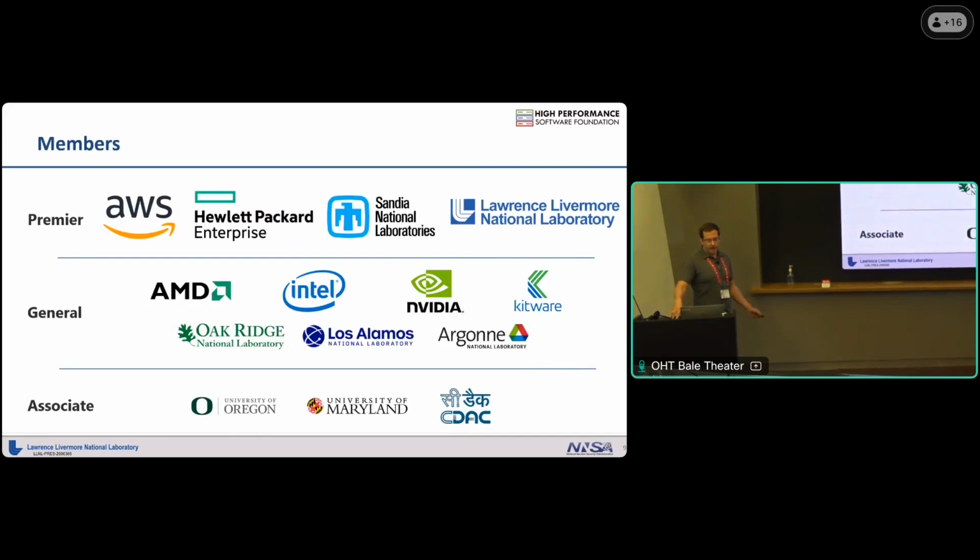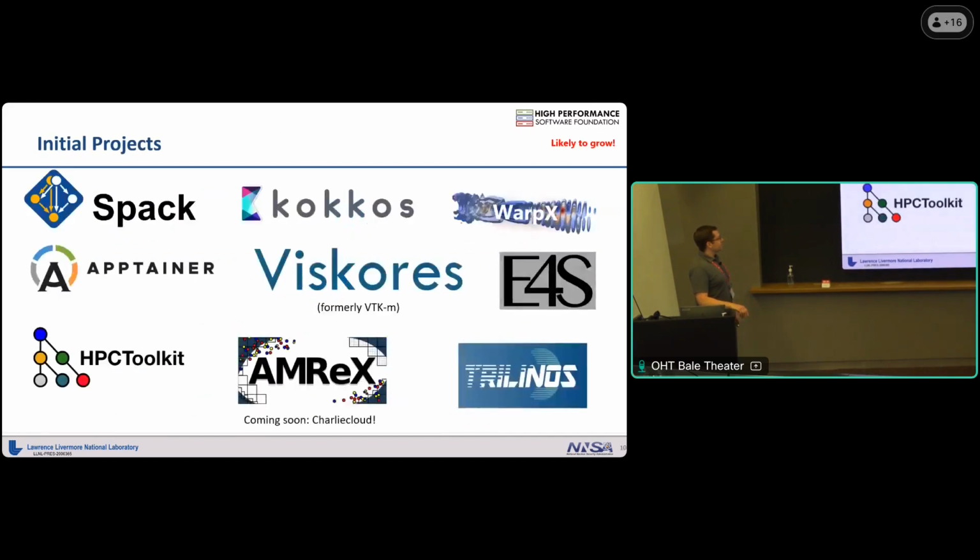We have a lot of different industrial, academic, and public members here, along with some integrators. So lots of energy behind it, and we have a lot of projects. Coming soon, we have Charliecloud, but we have Spack, Kokkos, WarpX, Apptainer, E4S, HPCToolkit, Trilinos, just to name a few, and I think we're going to have a lot more. I think this is very likely to grow.